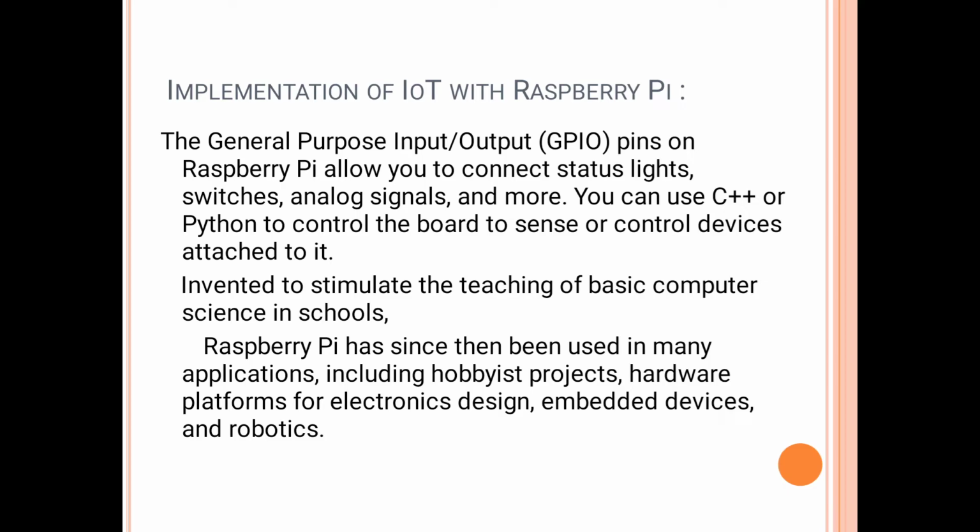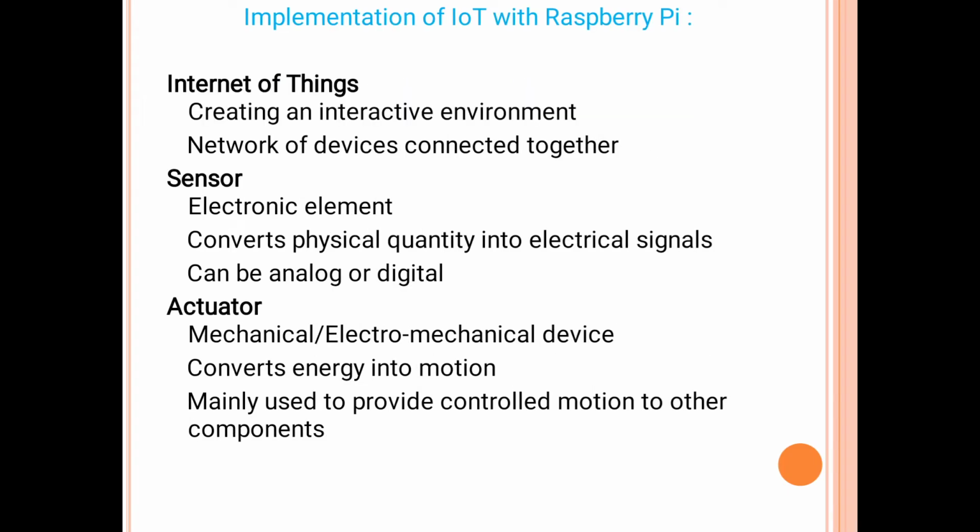Invented to stimulate the teaching of basic computer science in schools, Raspberry Pi has since been used in many applications including hobbies, projects, hardware platform for electronic design, embedded devices and robotics. How to create this IoT with Raspberry Pi?